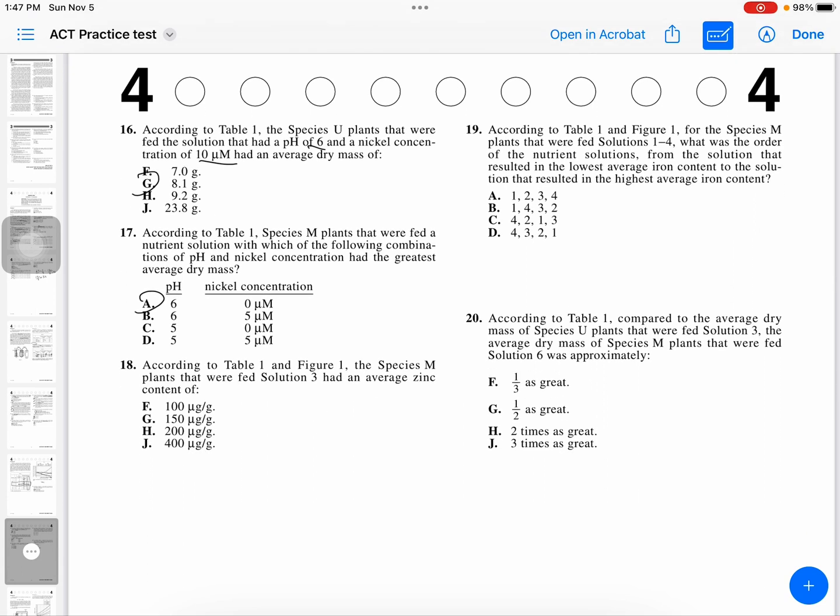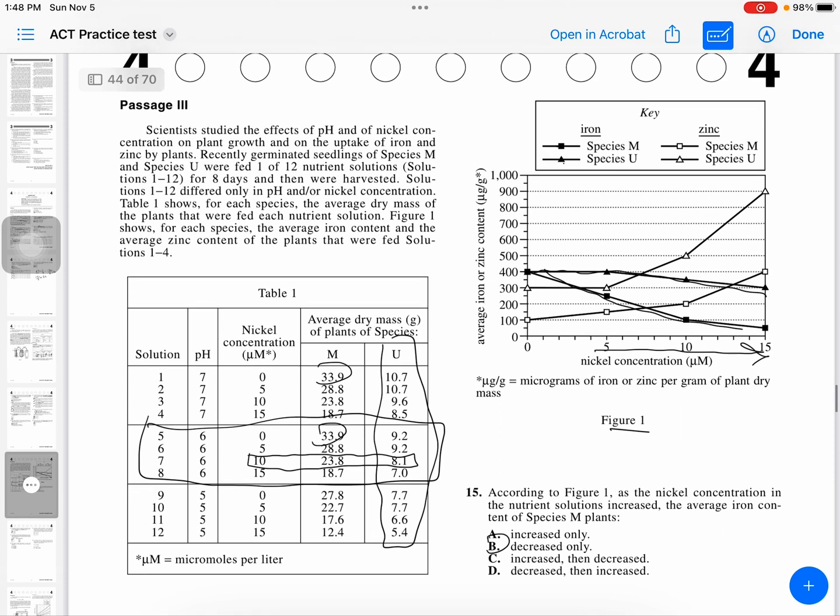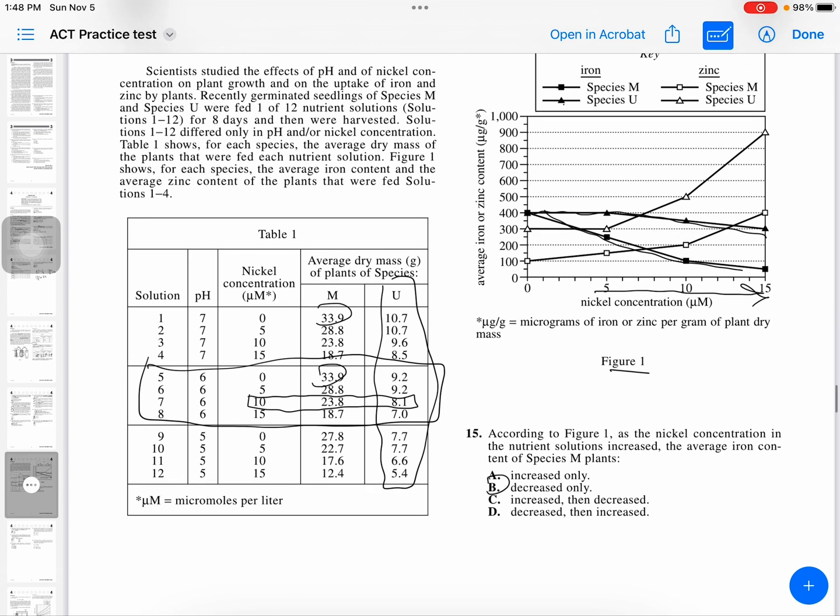According to table 1 and figure 1, species M plants that were fed solution 3 had an average zinc content of. So this is just like keeping stuff in mind and then referencing tables. Species M, solution 3. Solution 3 is here.